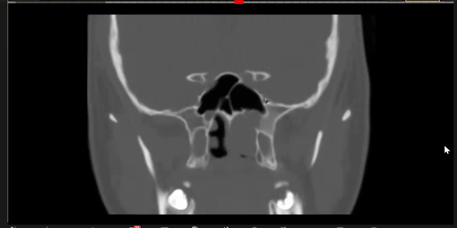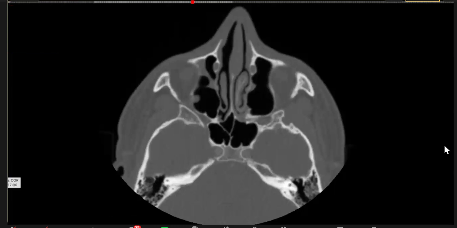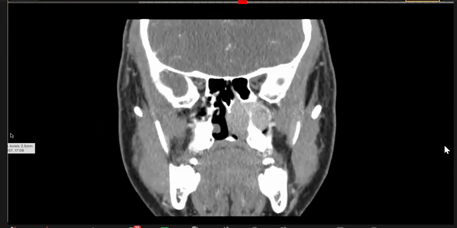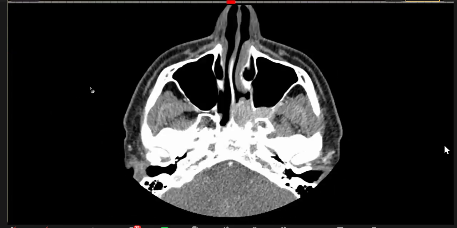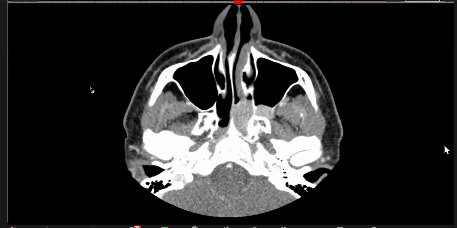Sir, I want to look at the post-contrast images. However, on this window, considering a mass centered and the history, I'm thinking of angiofibroma, nasal angiofibroma, but I would like to confirm it. Okay.